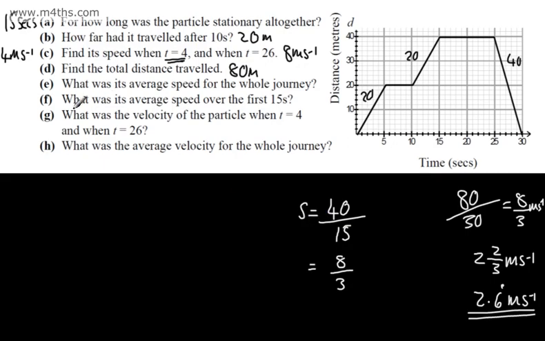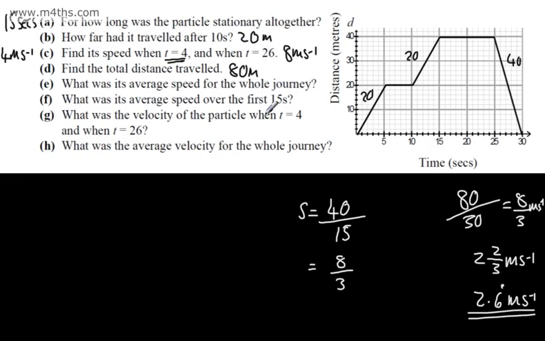Okay, next part. What was the velocity of the particle when t was equal to 4 and when t was equal to 26? Okay, now speed and velocity differ. Speed knows no direction. So speed is just the magnitude, the size of it. Velocity also has now a direction. This part might be beyond the scope of your course, but if we have now a positive gradient, then the velocity is positive.